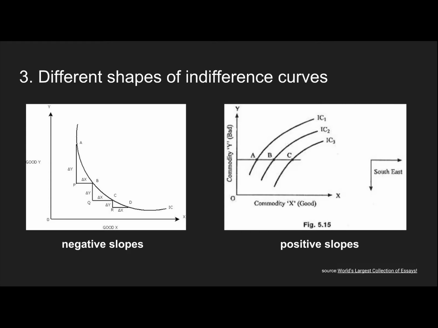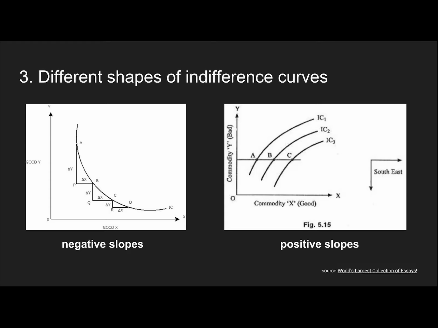For example, if you really dislike apple and you love banana, and you put apple on the x-axis, banana on the y-axis, when you get more banana, you want more apple for compensation. Which means one apple, one banana, and three apple, three banana have the same utility for you. So that will make the indifference curve upward sloping. That's very special.